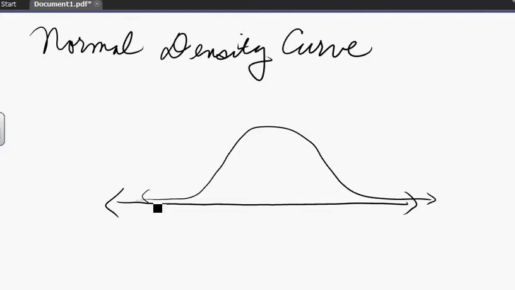So some people refer to this as the bell curve. We're going to call this the normal density curve. It is symmetric. It is, as I said, always above the x-axis.